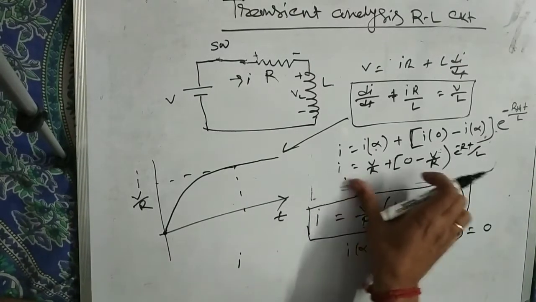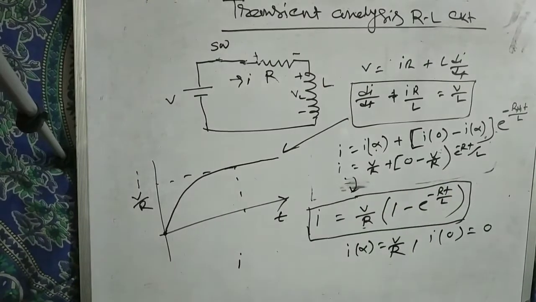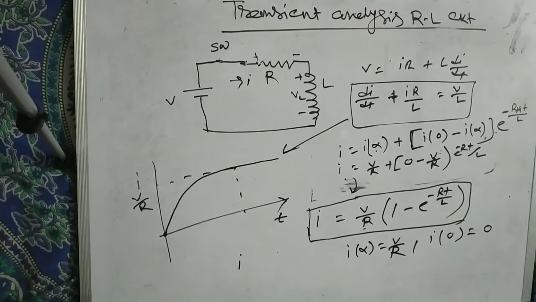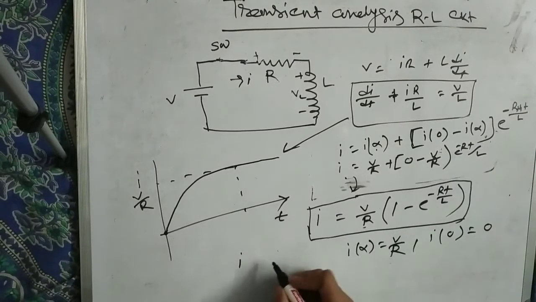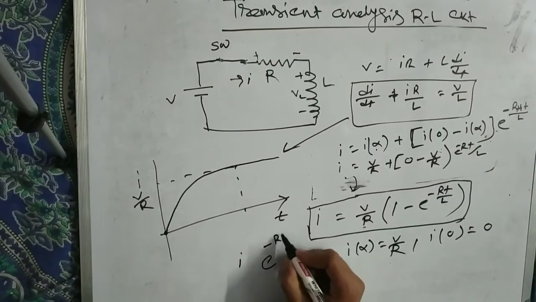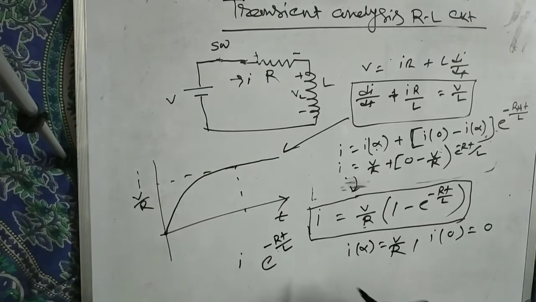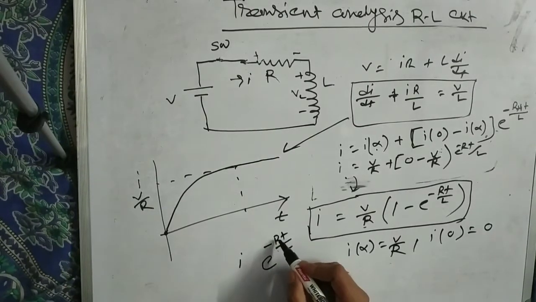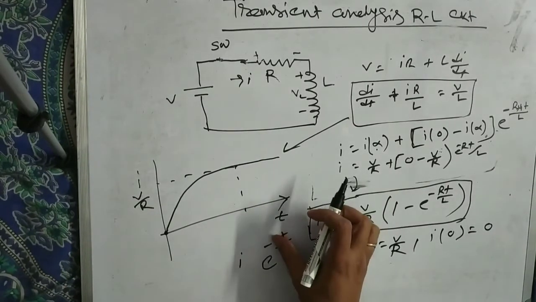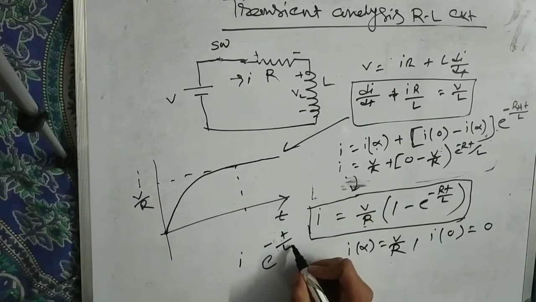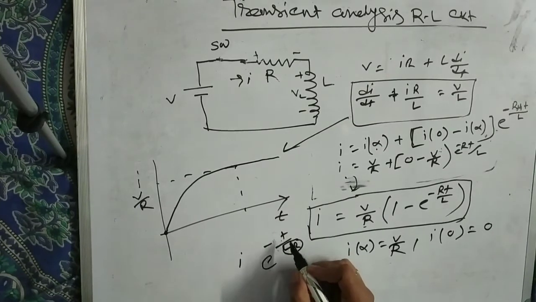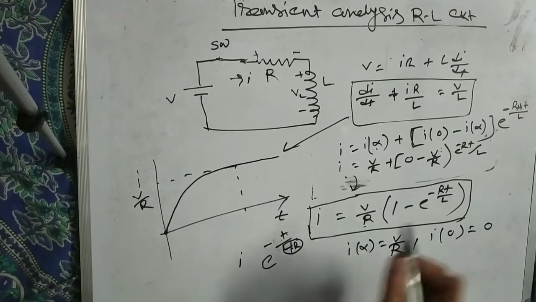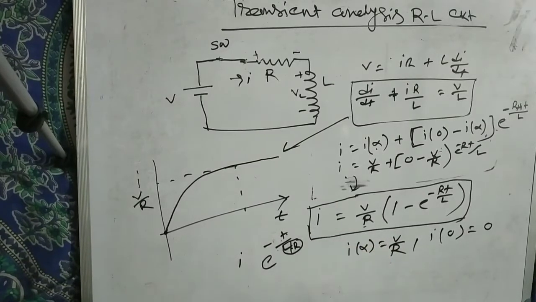Now you have to learn one term. Here you can see e to the power minus RT by L. We can write this as e to the power minus t by (L by R). Suppose this L by R value equals t. Then what will be the current in the circuit?